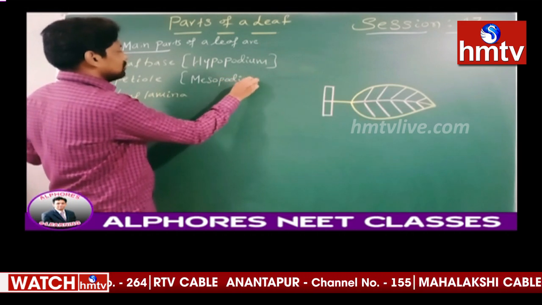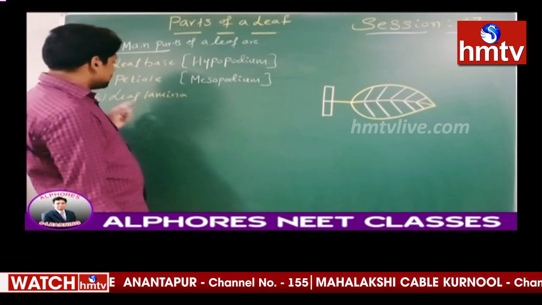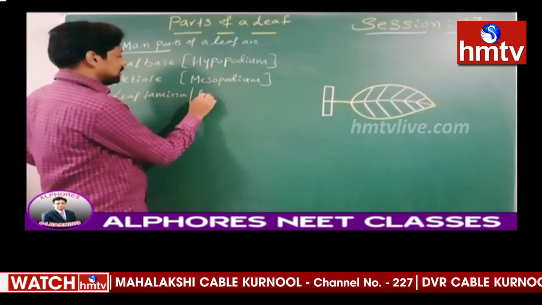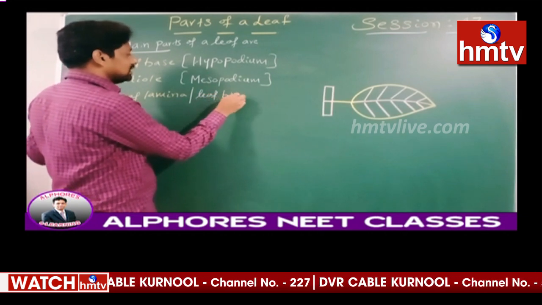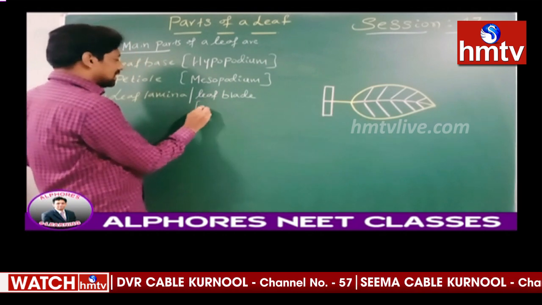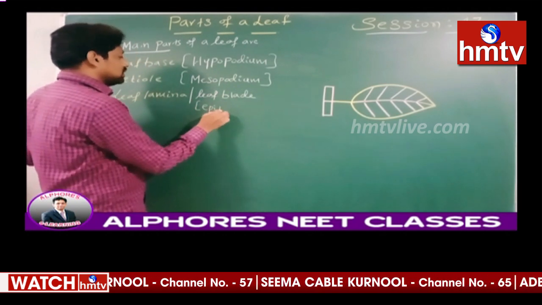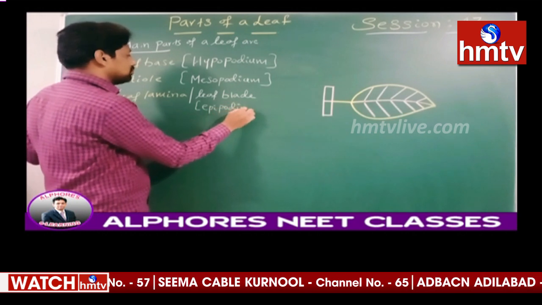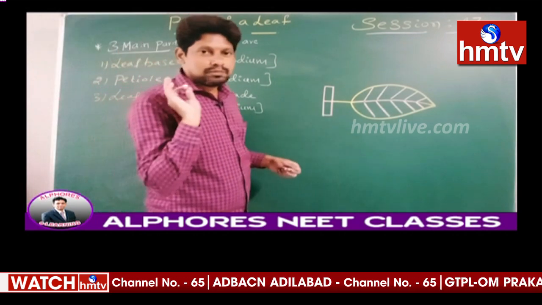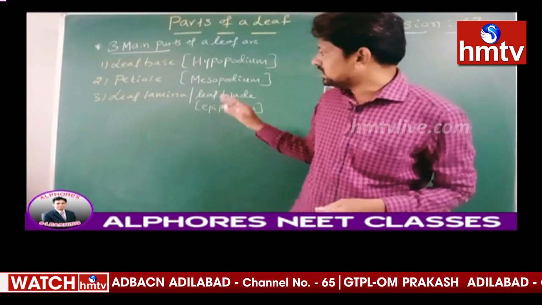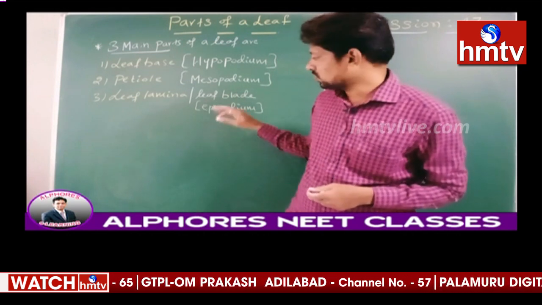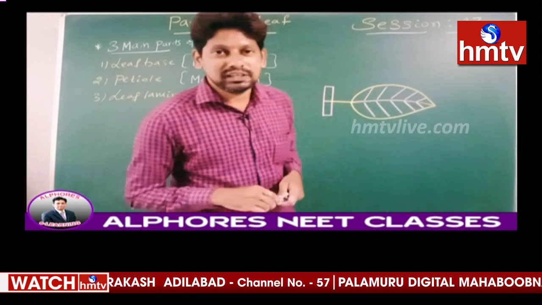Leaf lamina is also called a leaf blade, or epipodium. Therefore, leaf base, hypopodium; petiole, mesopodium; leaf lamina, also called leaf blade or epipodium.